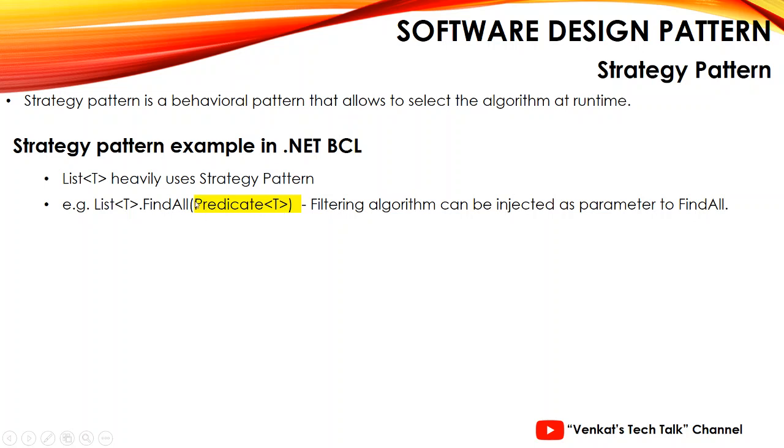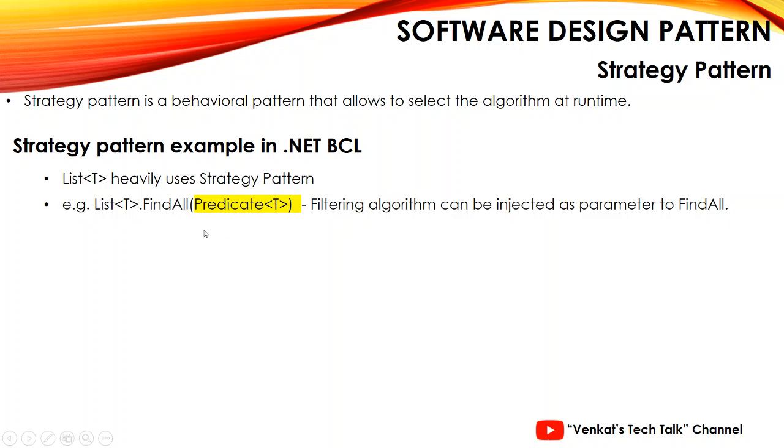Something like a Predicate of T, a lambda expression where t divided by 2 equals 0. We can express our logic at this place of the predicate, and then the FindAll method will use this injected strategy, or injected logic, to filter what we request, and it gives the filtered list.